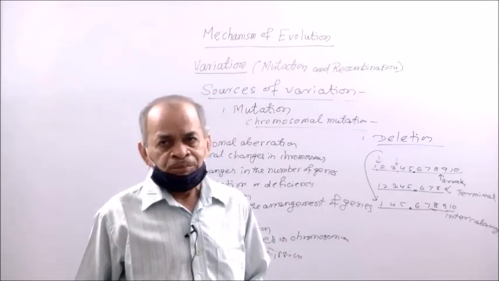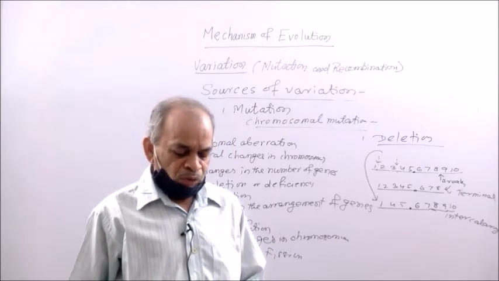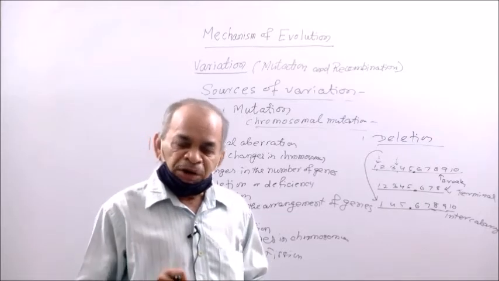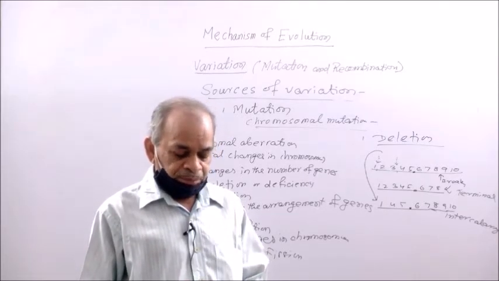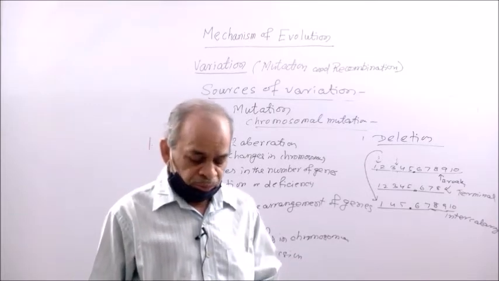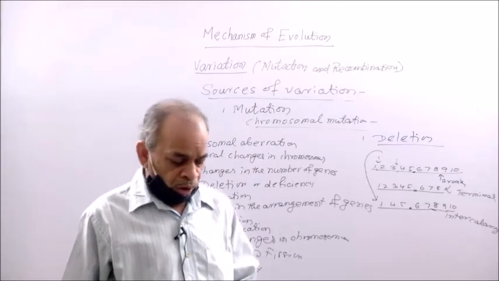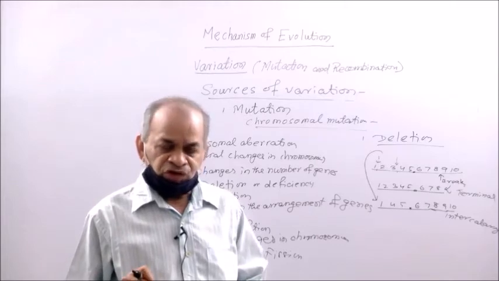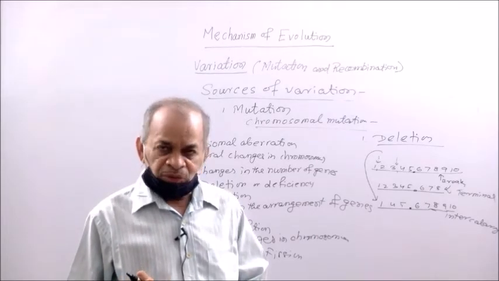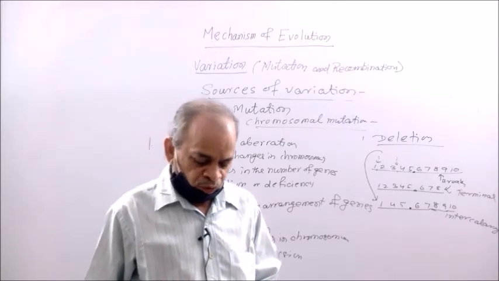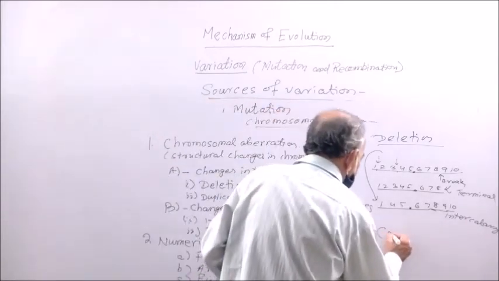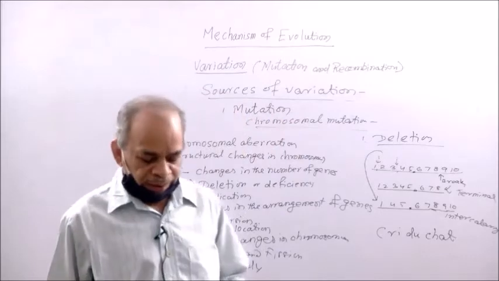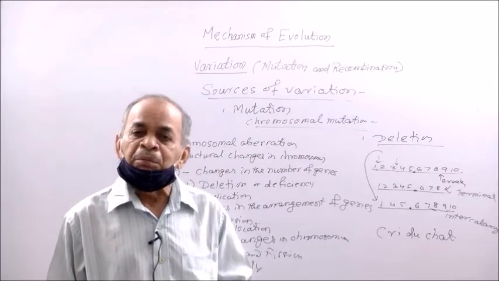Now let us see what is the phenotypic effect of deletion. The phenotypic effect depends upon the amount of genetic material lost. Example, a deficiency on the short arm of chromosome number 5 in human results in cri du chat syndrome in man.